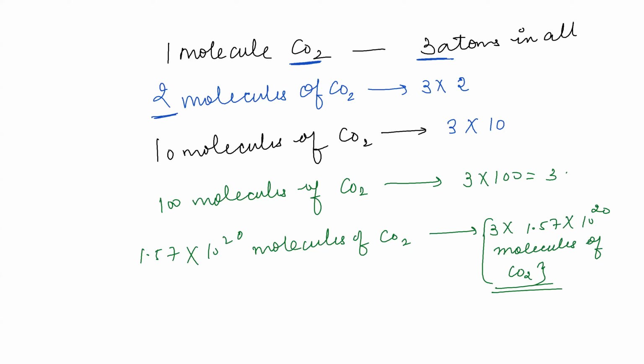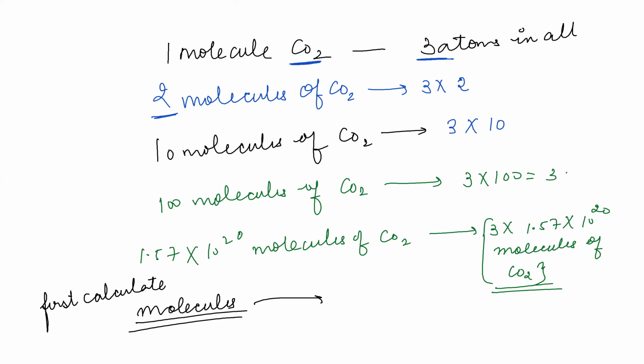So the idea here is that to calculate the atoms, you need to know the number of molecules. So if you have these molecules with you, first calculate the molecules, and then multiply that number of molecules into the number of atoms present in one molecule.